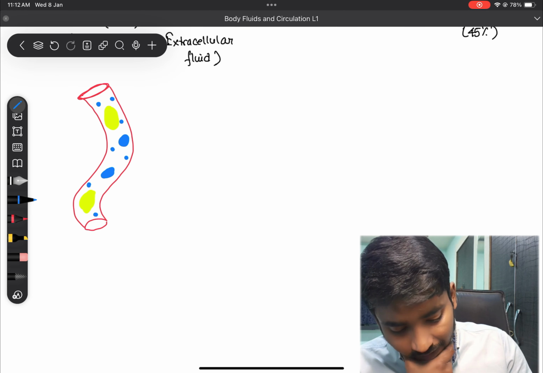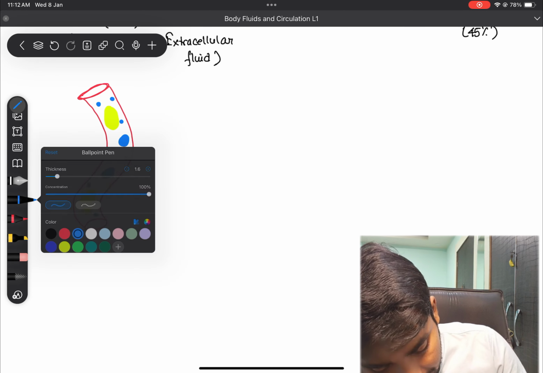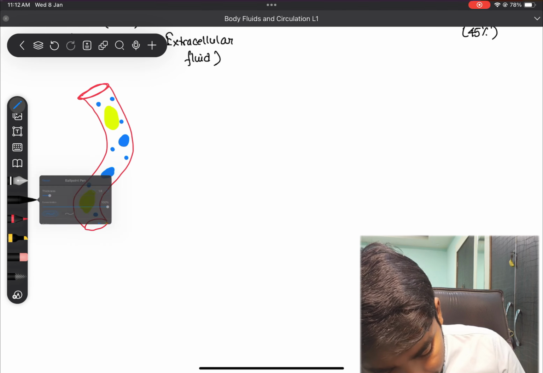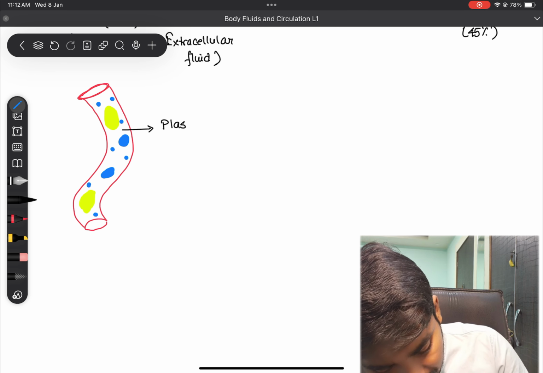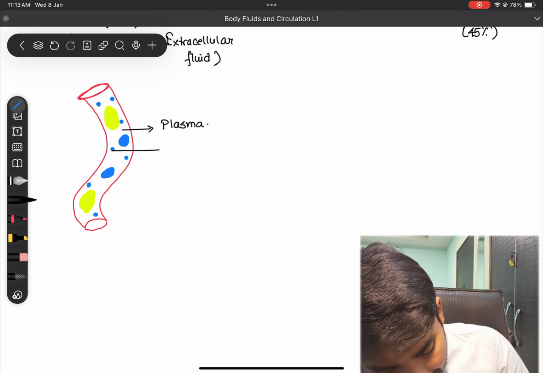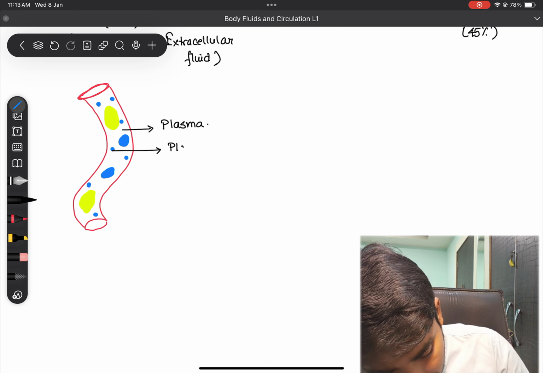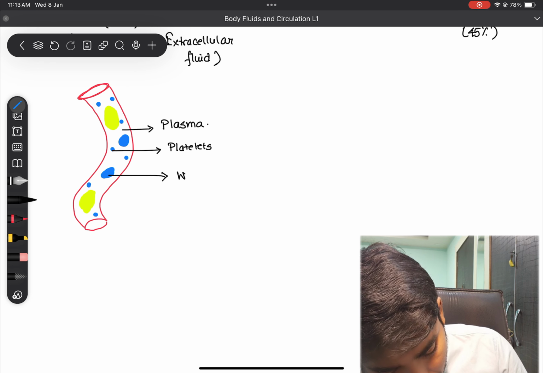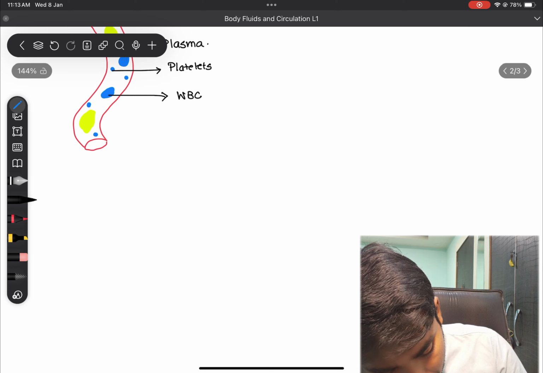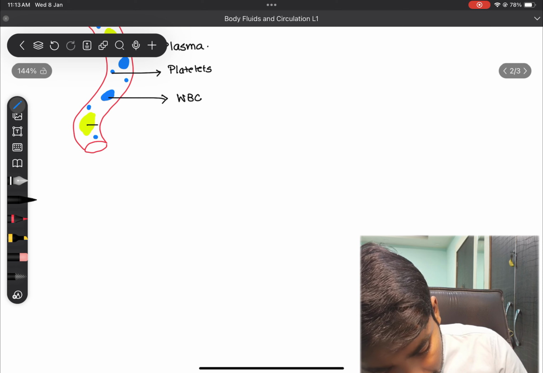Here it is called plasma. This is the platelets. This is WBC. This is RBC.